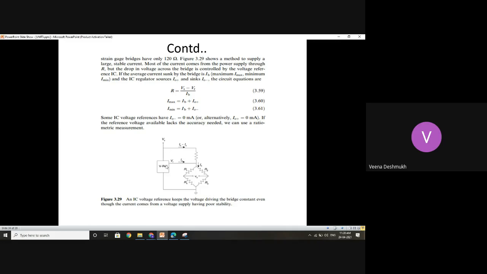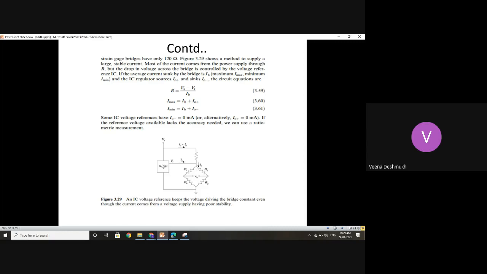If there is no difference, then naturally this factor is 0, and half the current from here, half the current from here, so total making it equal to the voltage and the current which is supposed to be coming from the single supply. If there is a difference, only then the difference current flows here. If both are equal, then half here will be flowing and you will be getting the correct current.